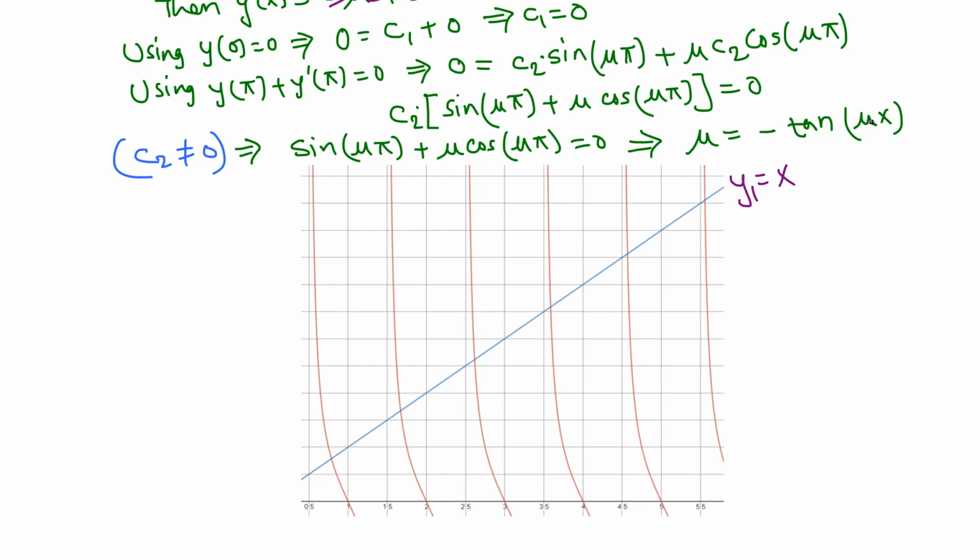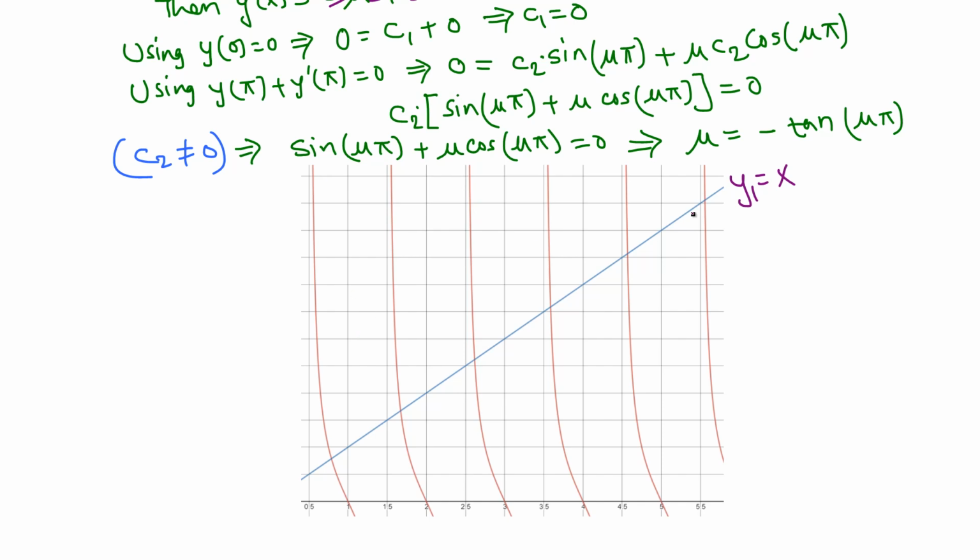Okay, this μ is x, so I made a mistake here. It's μπ, not μx. So y1 equals x, and the second one is negative tan(πx), because μ is the variable that we are trying to determine here.